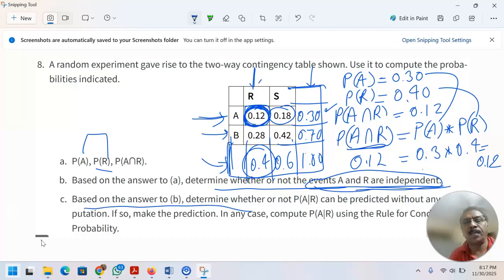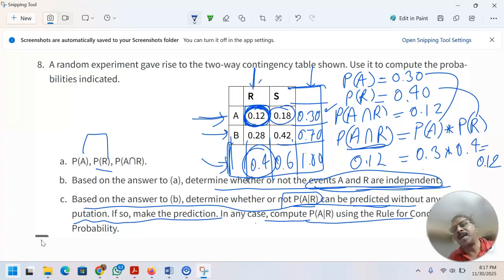Then based on the next part, check whether or not the probability of A given R can be predicted without any computation. If so, make a prediction. In any case, compute it.